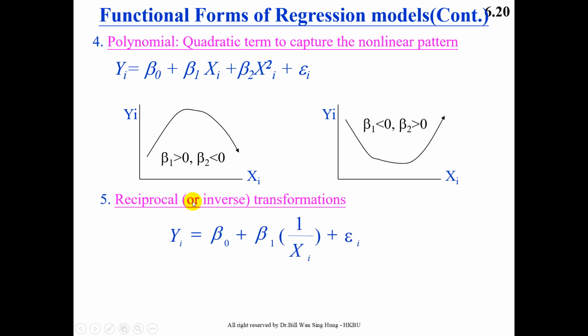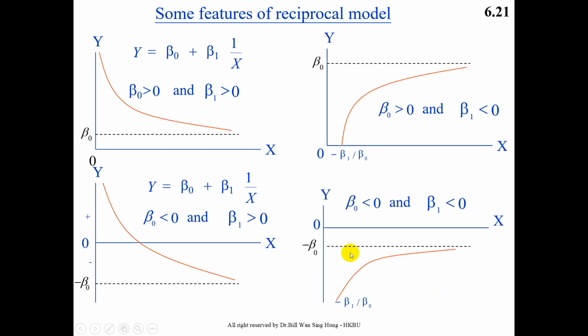And if we have a reciprocal or inverse transformation, then in that case we have the model like this. And here we will use xi star, where xi star is equal to 1 by xi. So these are some of the features of the reciprocal model. If beta naught is greater than 0 and beta 1 is greater than 0, we have a curve like this.